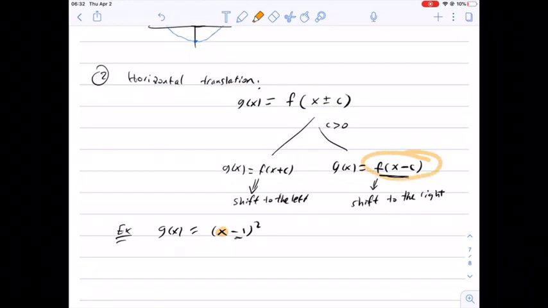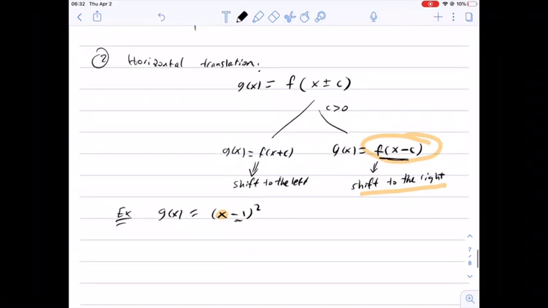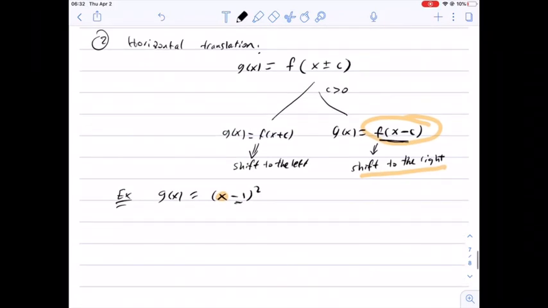So we have to make a shift to the right by 1 unit. The graph: this is the basic function x squared, and then x minus 1 all squared.